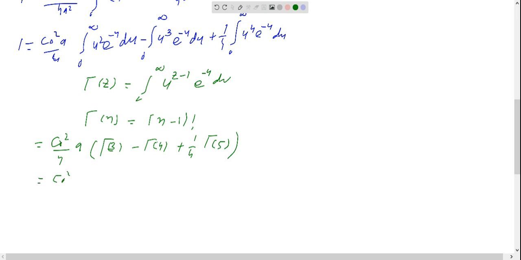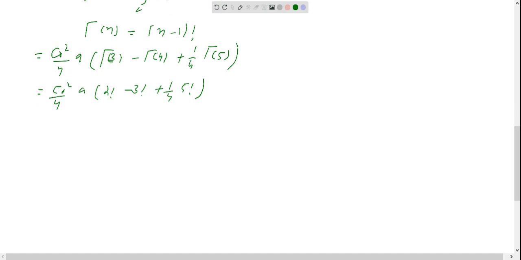So C_0 squared out of 4a into 2 factorial minus 3 factorial plus 1 out of 4 into 4 factorial, and this is equal to C_0 squared out of 4a into 2 minus 6 plus 6.